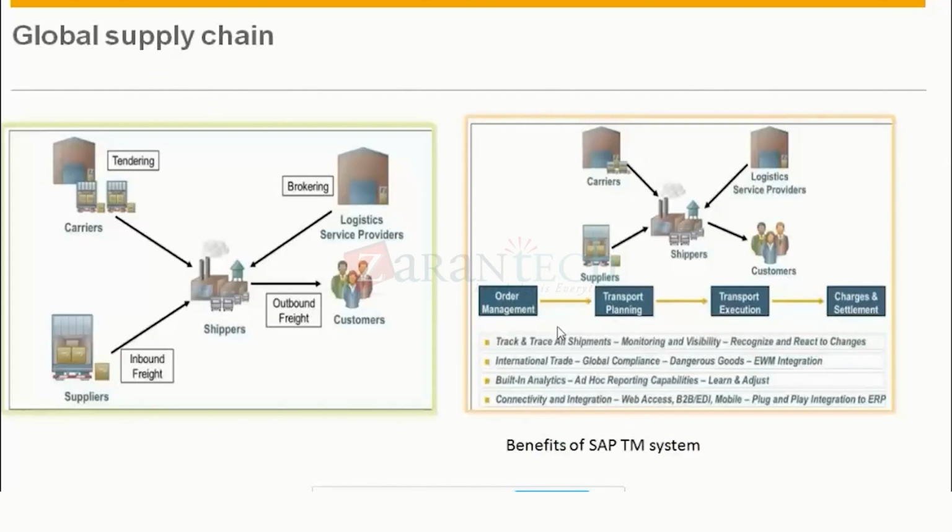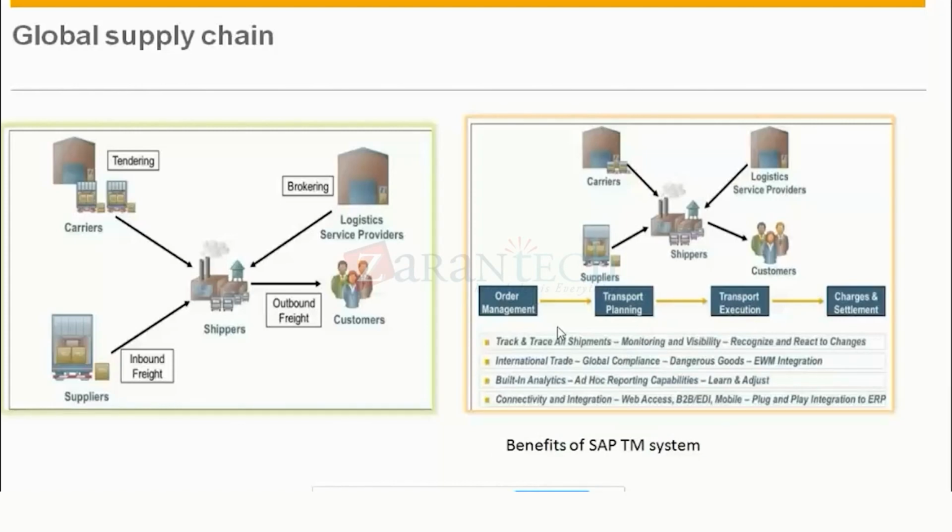So the profitability part, the different expense reporting part, or you can also have an overview of who are the carriers who are delivering the product on time, who are the carriers who are always delivering late. So there are certain analytical reports or KPIs which are required to monitor your entire transportation process. So for that, we have a strong integration between TM and analytics, which will help you to provide all these ad hoc reporting capabilities.